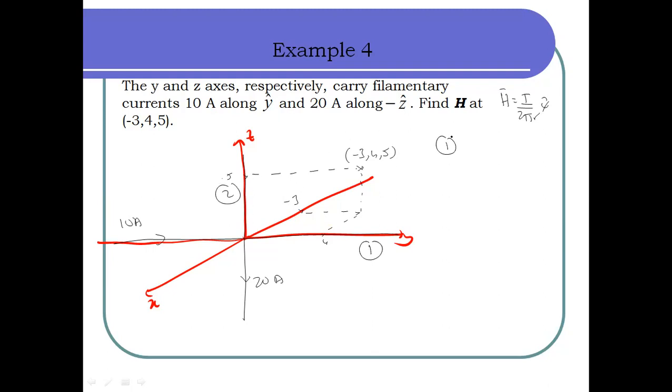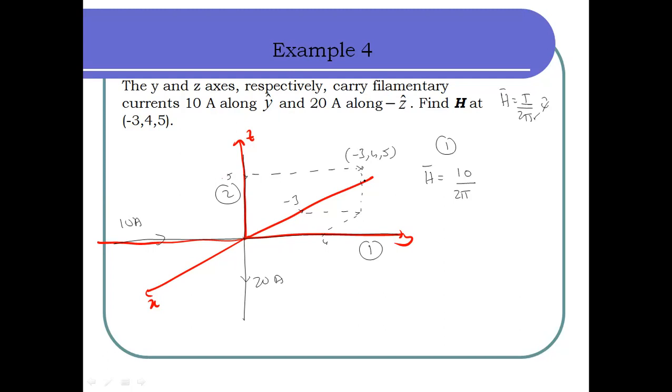For the first filament current on the y-axis, the H field due to filament current number 1 should be equal to I, which is 10 ampere, divided by 2 pi r. So r is the perpendicular distance from the filament of 10 ampere to the point of negative 3, 4, and 5.